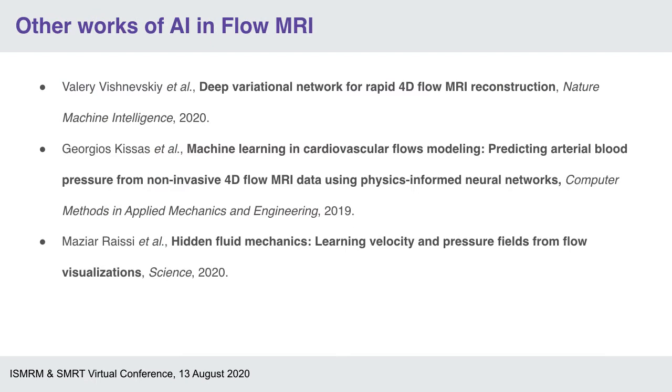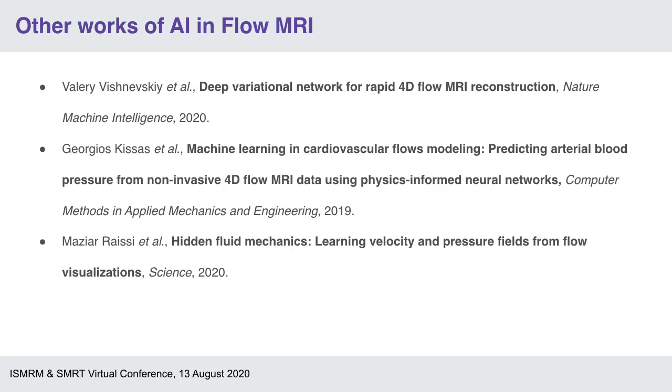Now, there are some other works of AI in flow MRI, so I can show you here three published papers that are interesting. The first one is the work of Valery Vishnevsky, where they developed a network to reconstruct the 4D flow MRI so that the acquisition time can be reduced significantly.